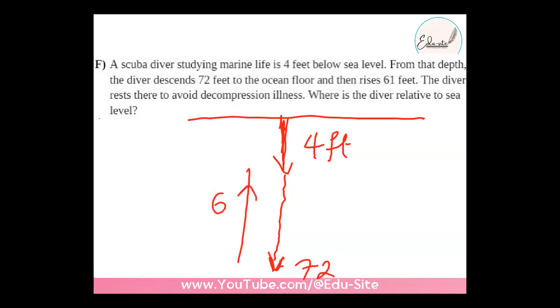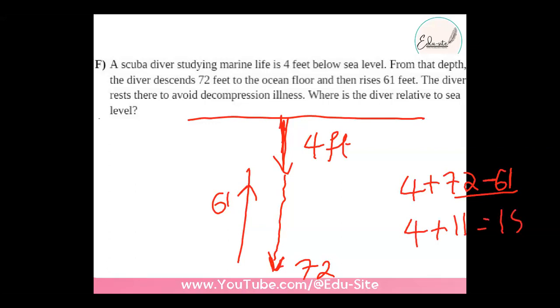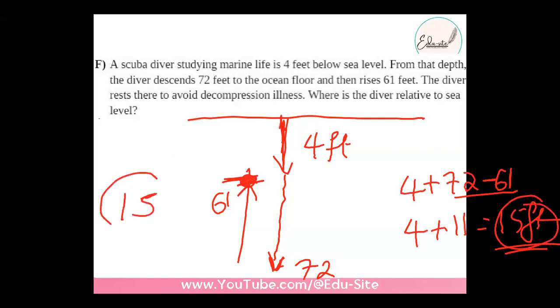So what you do is you add 4 plus 72 and minus 61. 72 minus 61 gives you 11. 11 plus 4 gives you 15 feet. So he is actually 15 feet in depth. This is the position he's staying at, so he's 15 feet below the sea level. Understood?